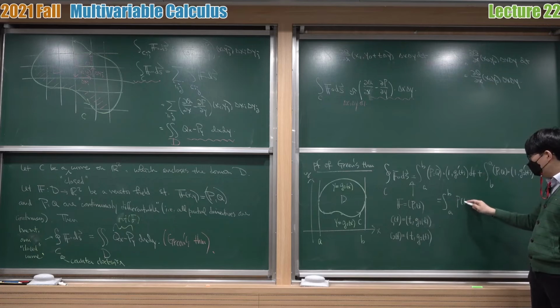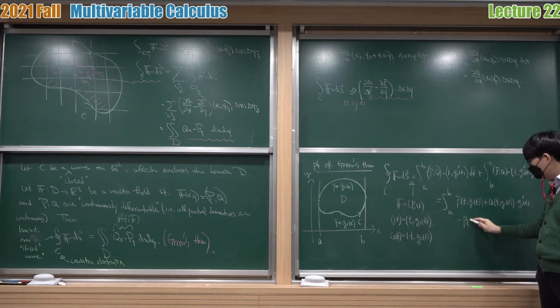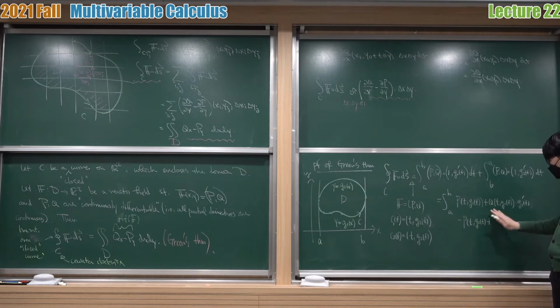P(t, g1(t)) times 1, and then Q(t, g1(t)) times g1 prime of t. And then you subtract this, because I switched a and b: P(t, g2(t)) plus, actually minus, Q(t, g2(t)) g2 prime of t dt.